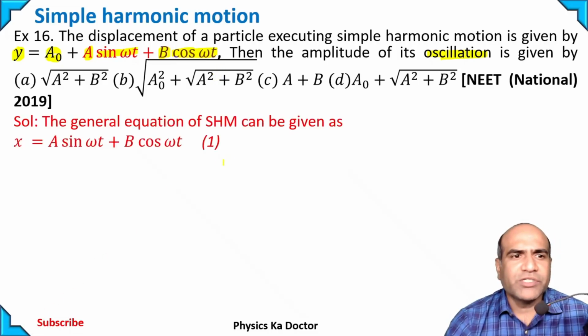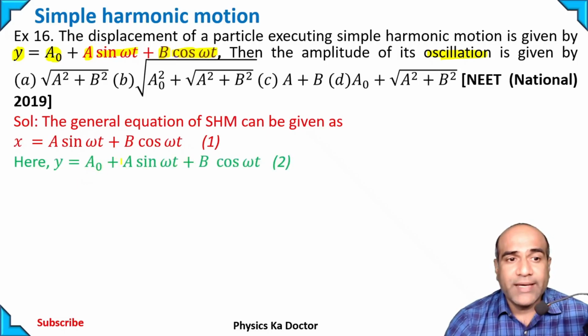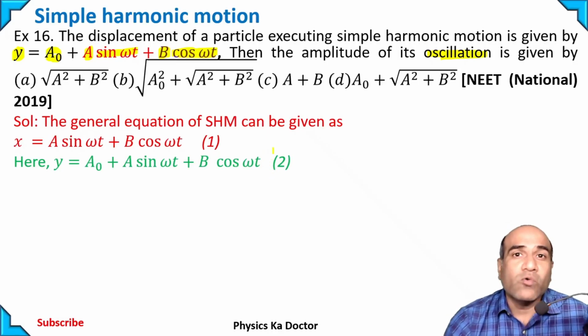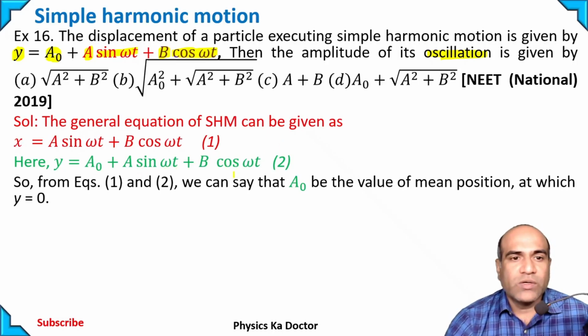So we know the general equation, x is equal to a sin omega t plus b cos omega t, that we can write when there is a phase difference of 90 degrees. And here it is given y equal to a0 plus a sin omega t plus b cos omega t. Fine. Now what should be the next move? From equation number 1 and 2, this remaining portion is similar, right?